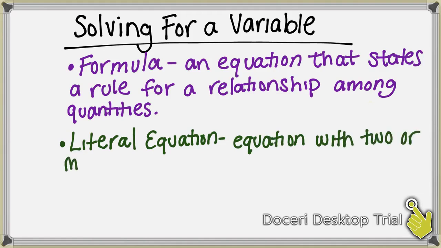And honestly, I probably should have given you this vocab word before I gave you the vocab word formula, because formulas are types of literal equations. A formula is a literal equation because it has two or more variables. Not every single literal equation is a formula, but formulas are examples of literal equations.